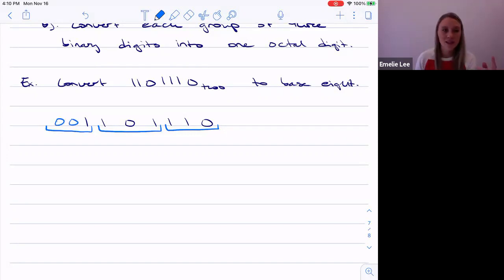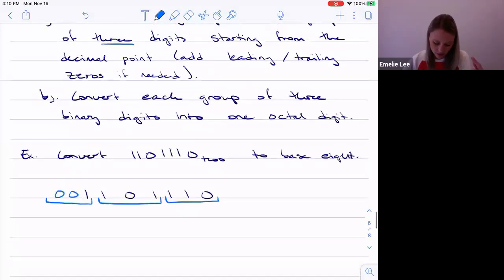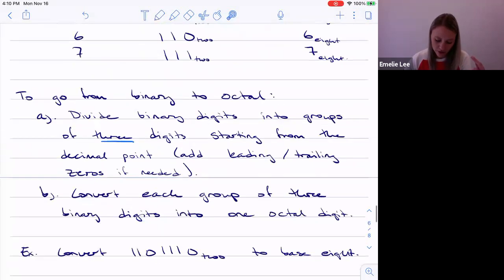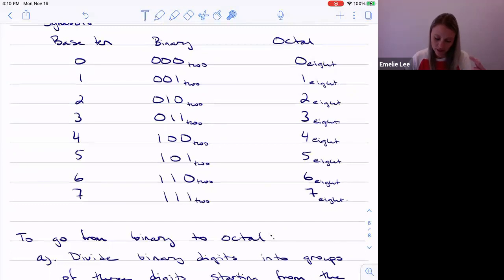Good. So now, because we've already written out all our conversions from binary into octal, if you have this handy, and it's pretty easy to generate, going just through base 10 numbers into base 8 numbers into binary.